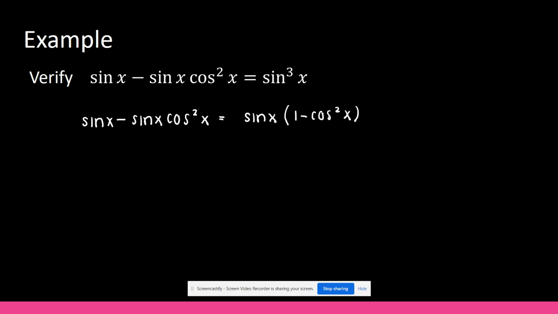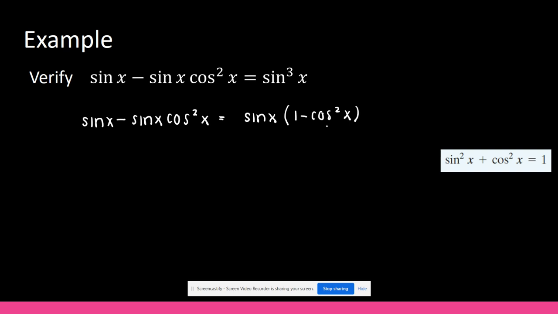Well, now what can we do? Because my end goal is to turn it into sine cubed of x, I don't want to change sine of x. That means I want to look at how I change 1 minus cosine squared of x so it can turn from a cosine into a sine. If we look back at our trig identities, we are dealing with the Pythagorean identity: sine squared of x plus cosine squared of x equals 1.